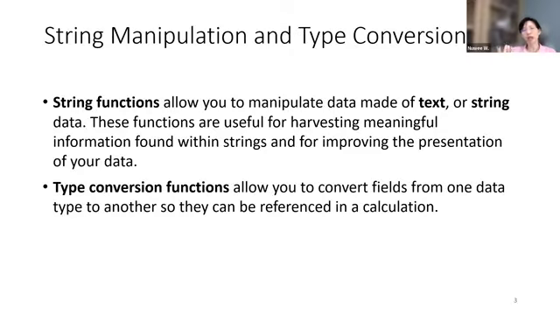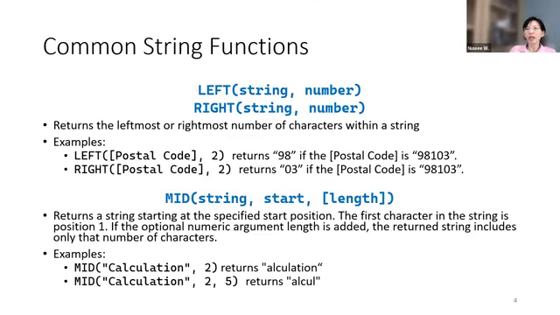Type conversion functions allow you to convert fields from one type to another type, just like in Python or in C or in Java. So let's dry run all the functions that we may encounter if we do calculations or do graph creation in Tableau.